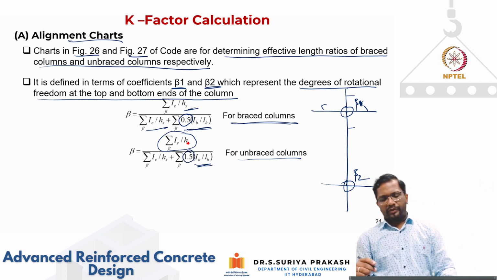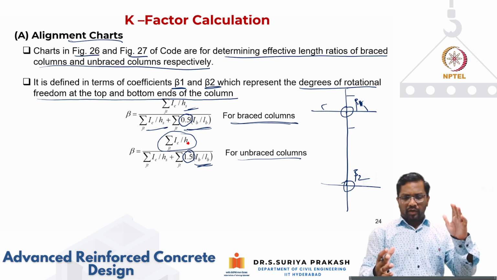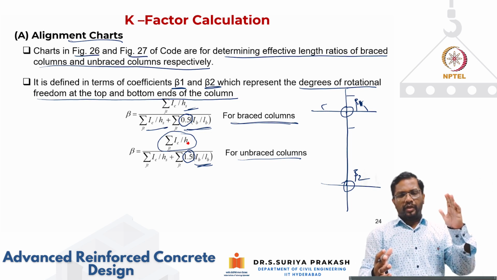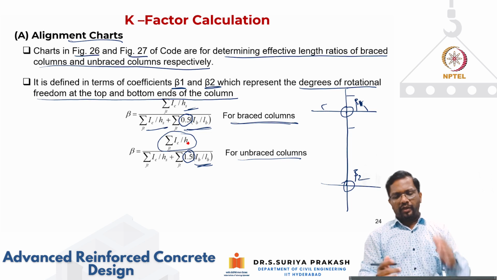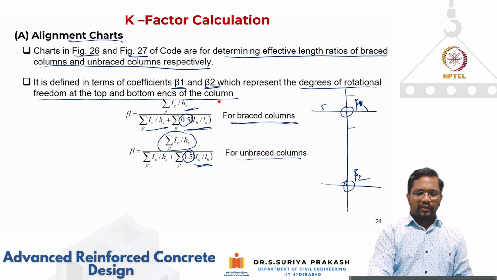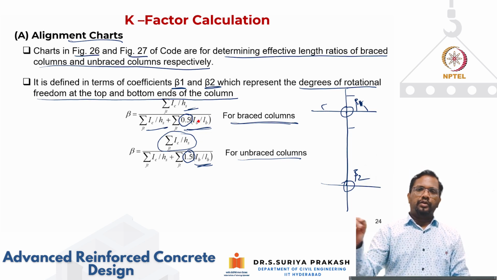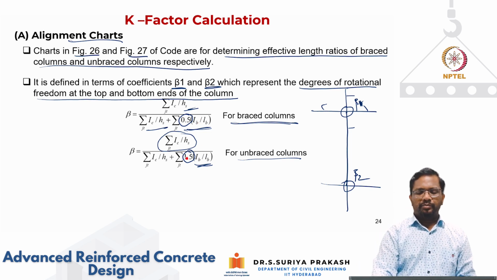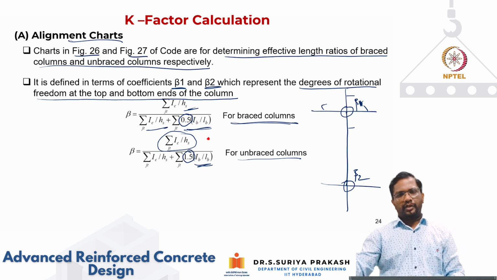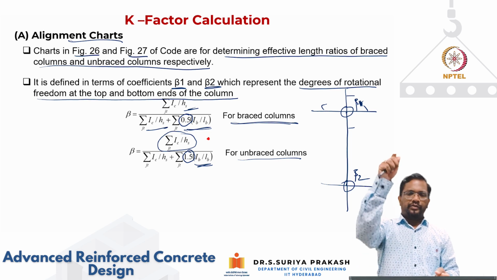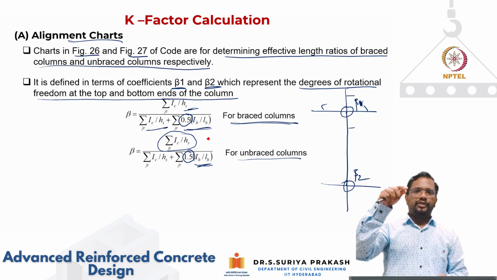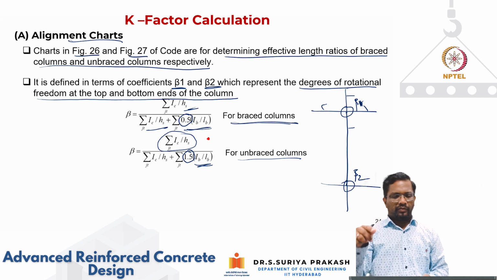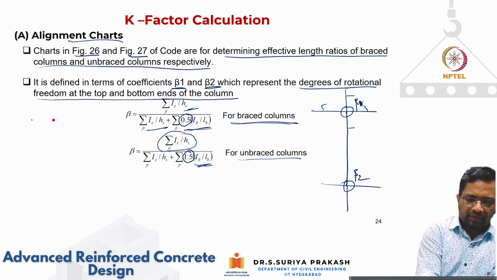This is because when the column and beam are in an unbraced frame and bending, compared to a braced condition where the beams bend in single curvature, in an unbraced case the beams are going to bend in double curvature. Double curvature means you will have a slope change, just like a fixed column, as we have said.